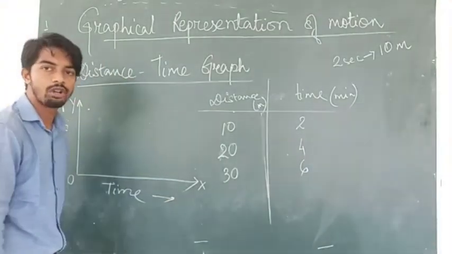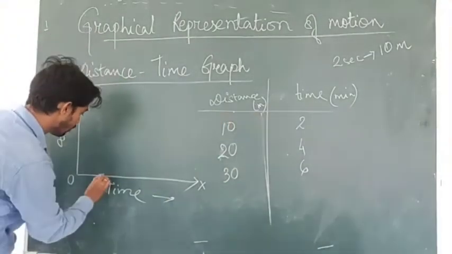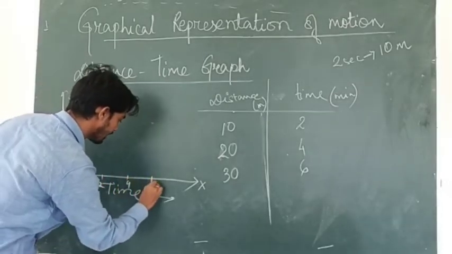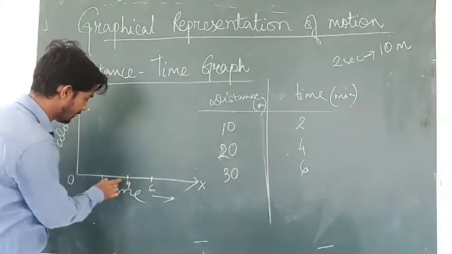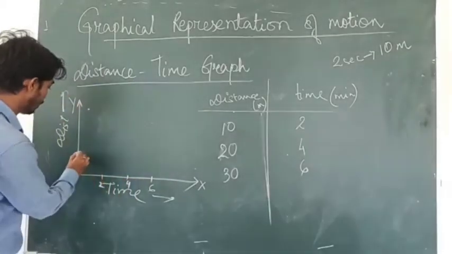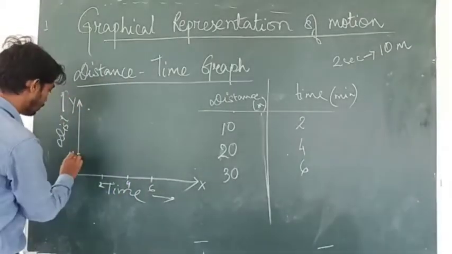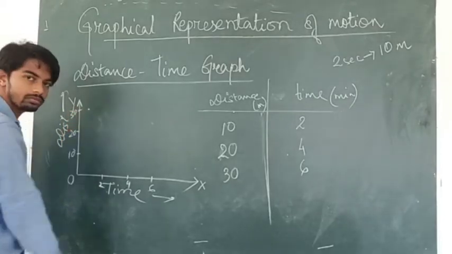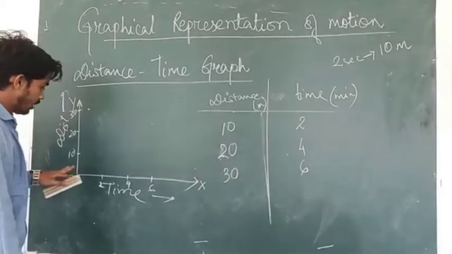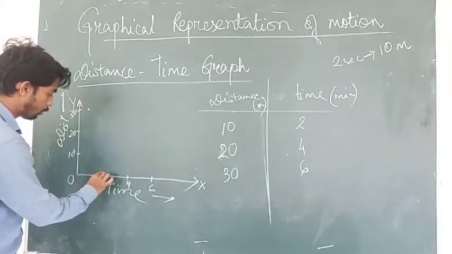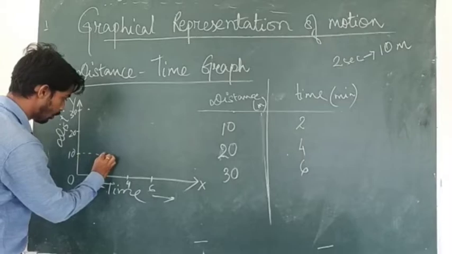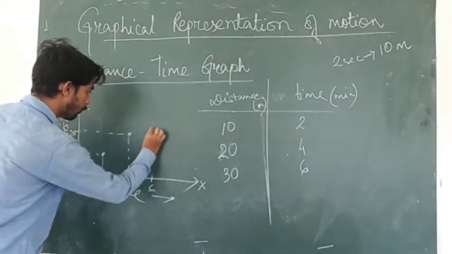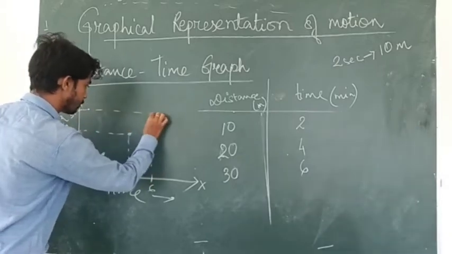So I just plot out the points: time 2, 4, 6, using the same distance between the points. Then here 10, 20, 30. If I plot out the graph, for 2 there is 10, this point; for 4 there is 20, this point; for 6 there is 30, this point.